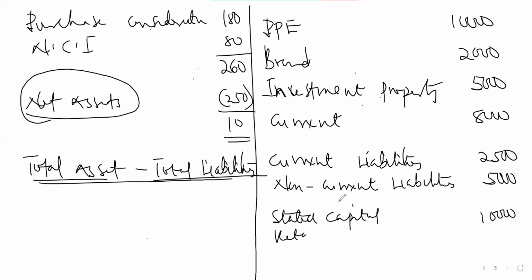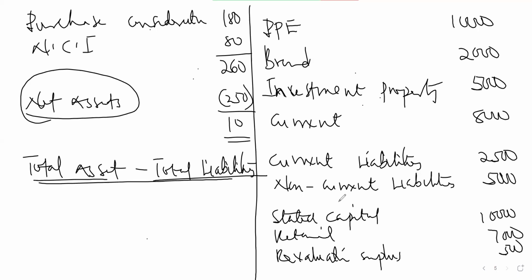Retained earnings. Okay, let me calculate this before I will know how to share this. So 10 plus 2 plus 5 plus 8 minus 7.5. Okay, so they have given you retained earnings of 7,000, and they have given you revaluation surplus or other components of equity. So they are giving you revaluation surplus of 500.